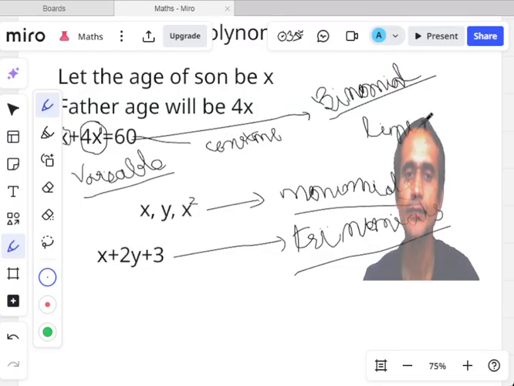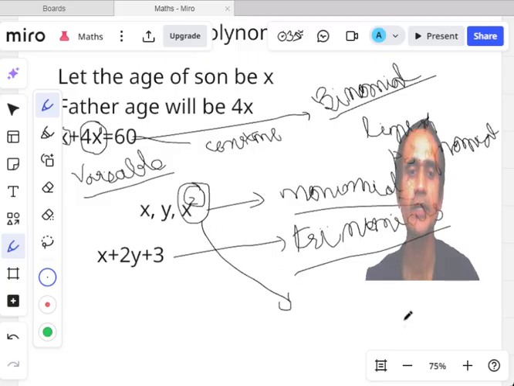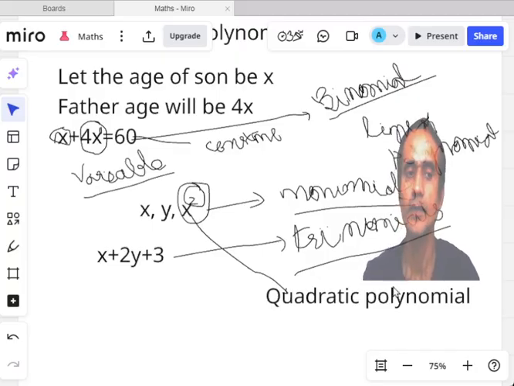Here you see we have only one term, x square, but the degree is 2. So although it is a monomial, it will be known as a quadratic polynomial.